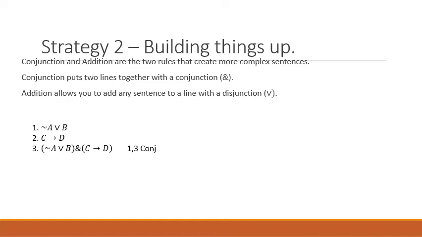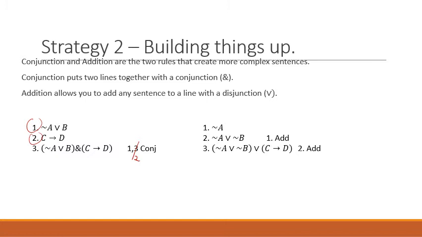So line 1 is not the case of A arrow B. Line 2 is C arrow D. And so with conjunction, we're just going to put those two things together. And I've misnumbered things here, so that should read 1 and 2. So 1 and 2 gets you this big sort of messy thing. So you start with something somewhat more simple, you end up with something more complex. So that's building things up.